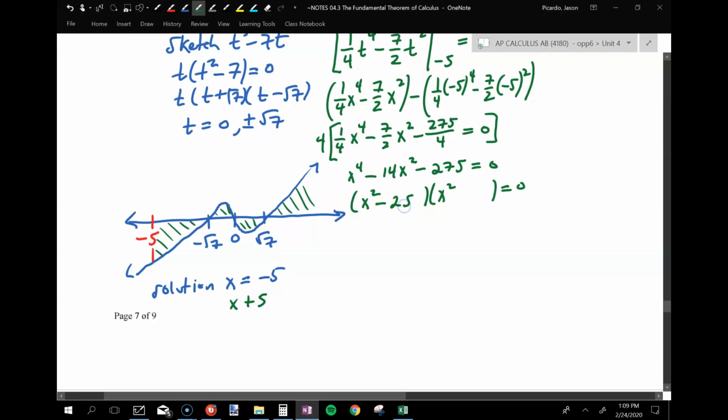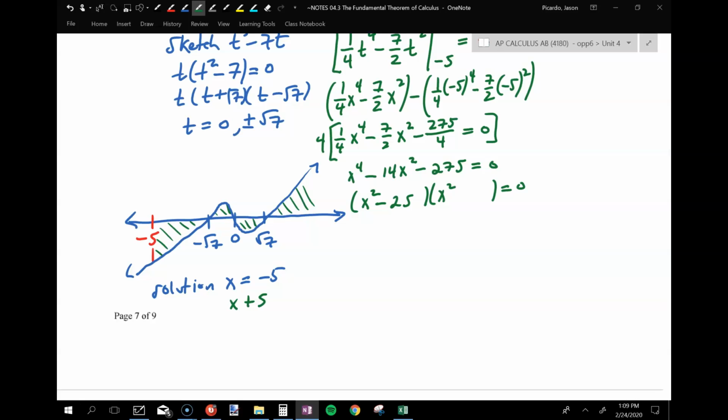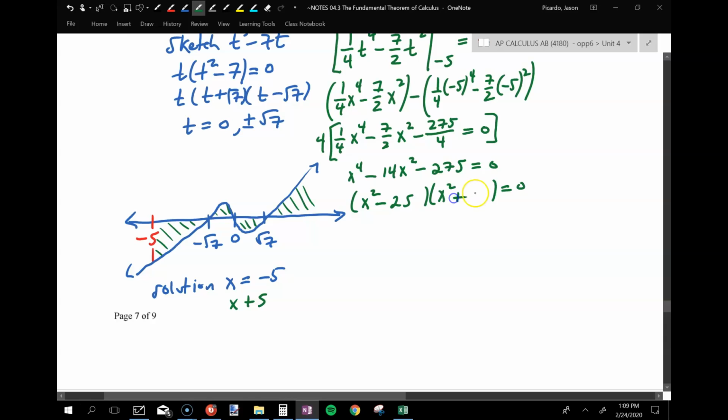X squared minus 25, right? Now, it just so happens that if I make this plus 11, negative 25 and 11 is negative 275. Negative 25x squared and positive 11x squared is negative 14x squared, and that gives me x to the 4th.